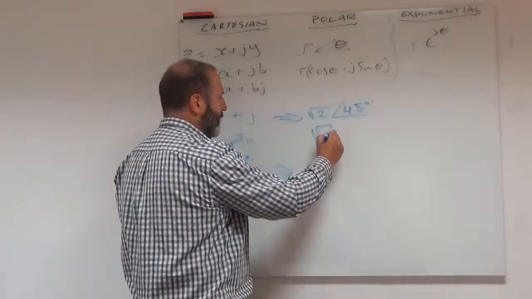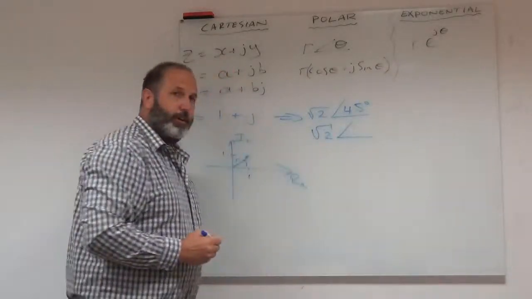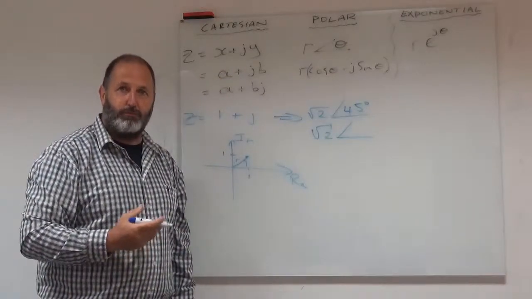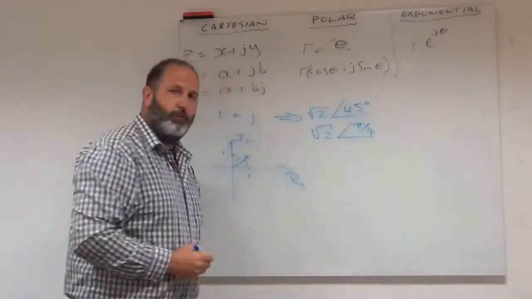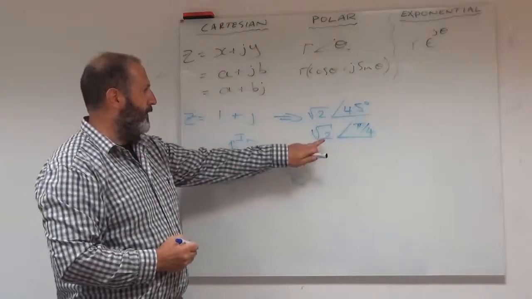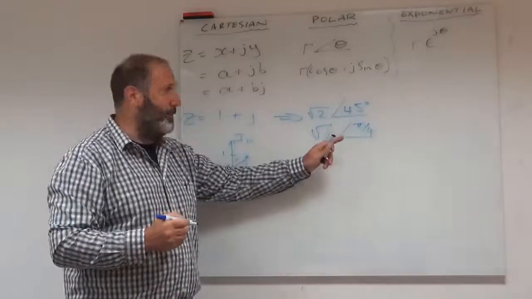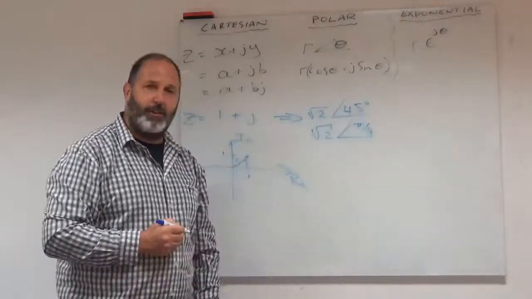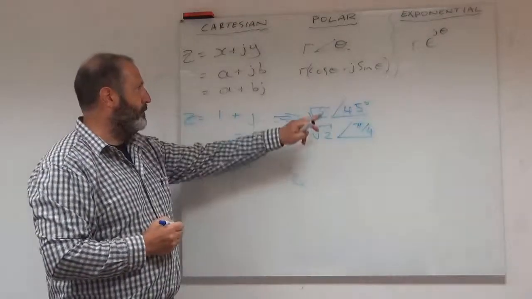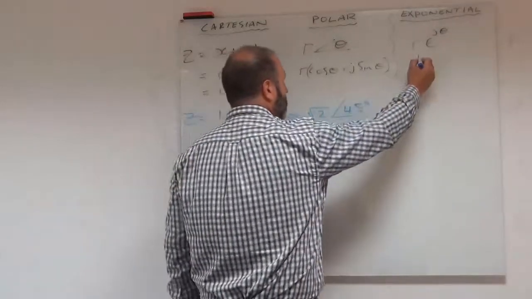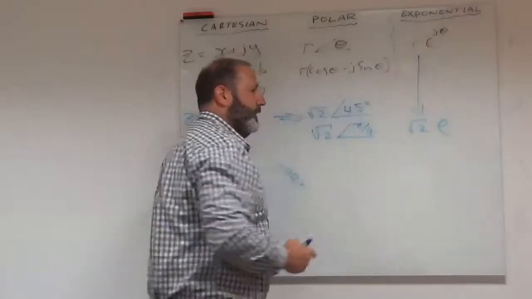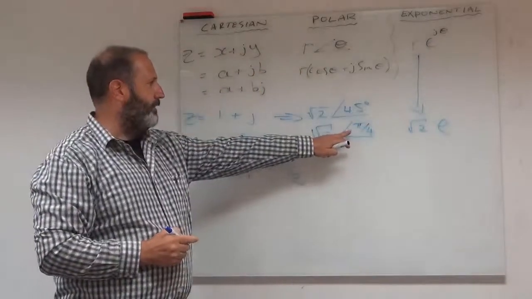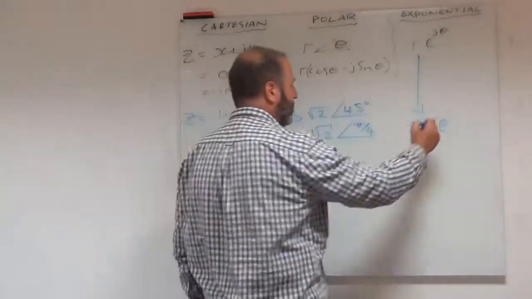So that's the same, of course, as root 2, and then I want to convert 45 degrees to radians, which would be pi over 4. Now I have r and theta in the form I want them in. I can easily write them out again in exponential form. So r is root 2, so I get root 2 e, and then I get j theta, and theta is pi over 4.